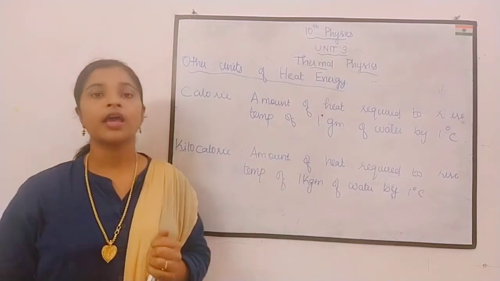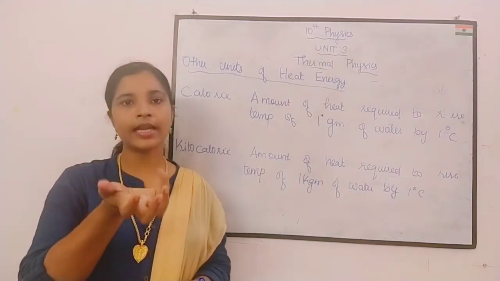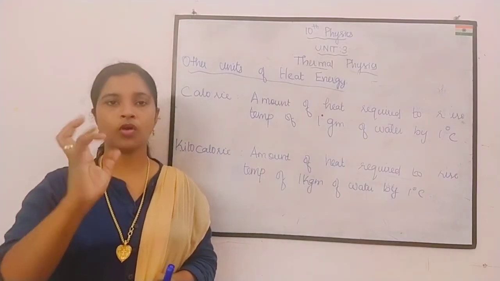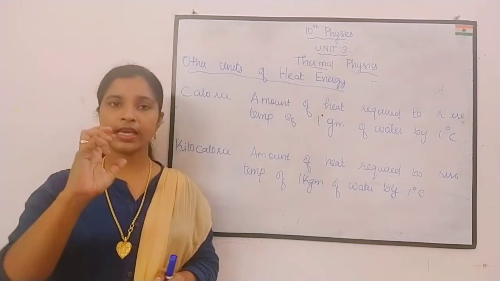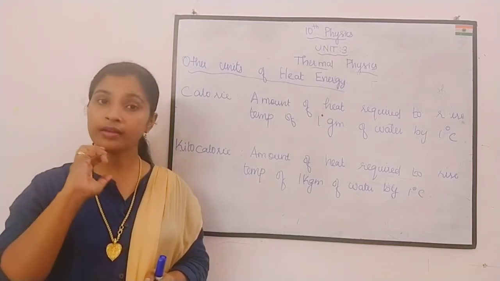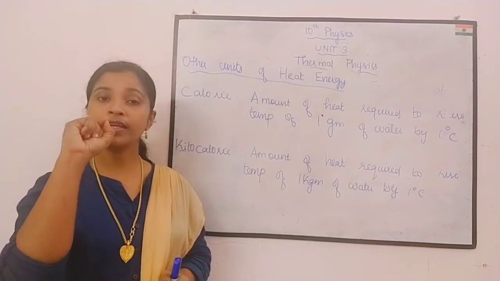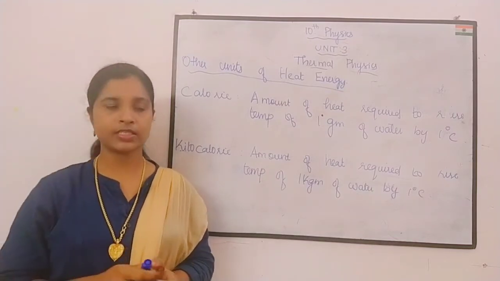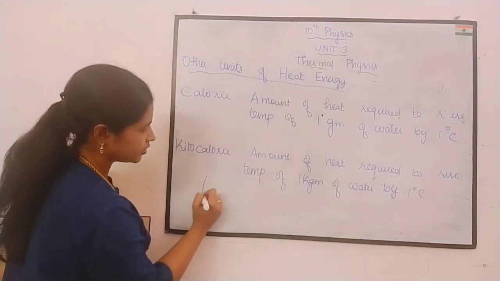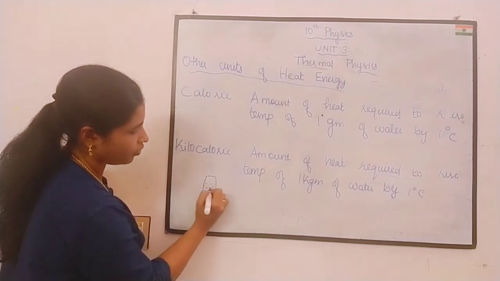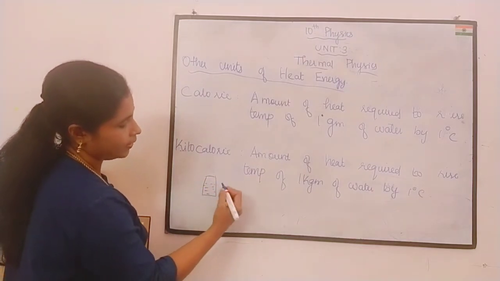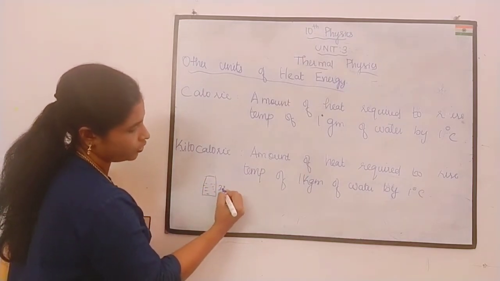Calorie means, if you are taking 1 gram of water, and that 1 gram of water has to be raised by 1 degree Celsius in temperature. For example, this is a cup of water, 1 gram of water, and the temperature of this water is 32 degrees.